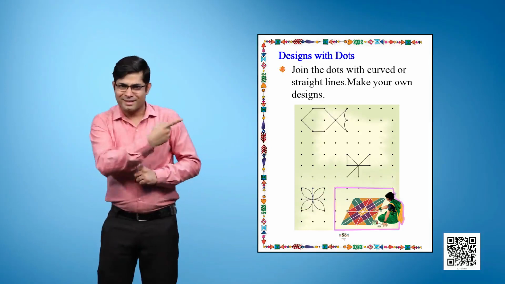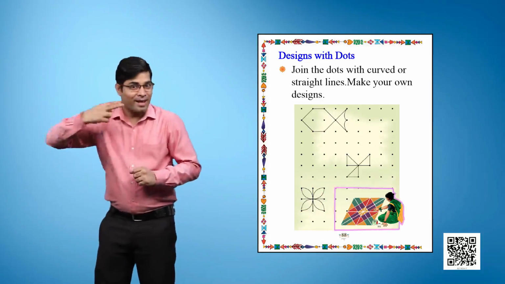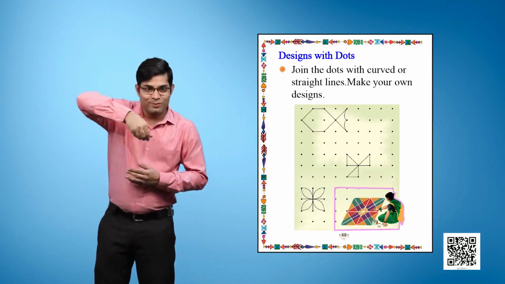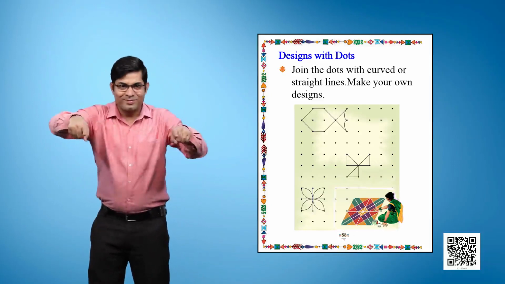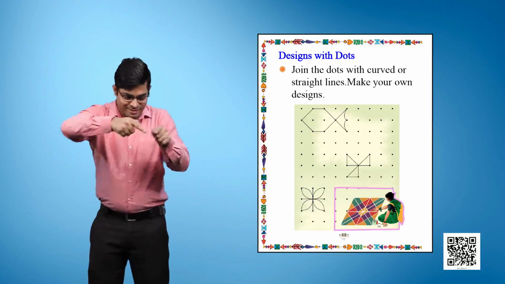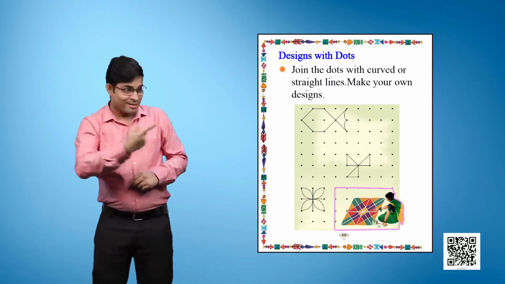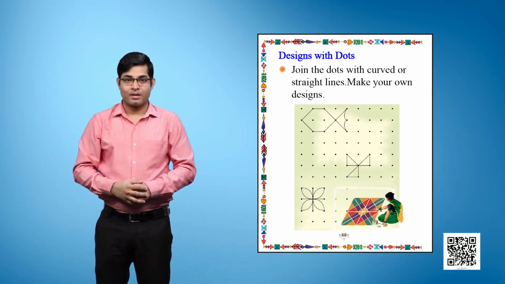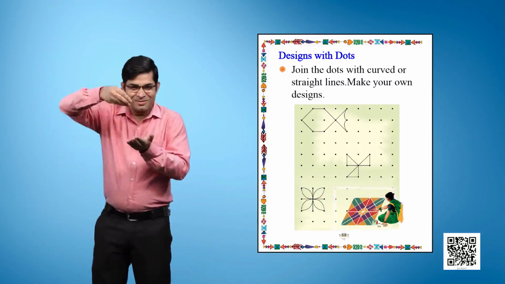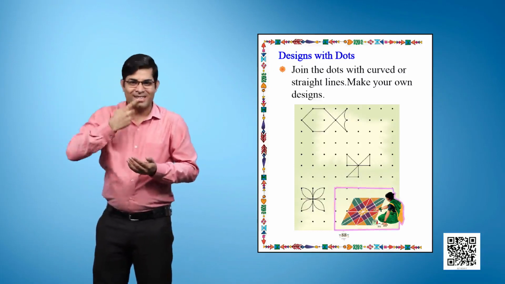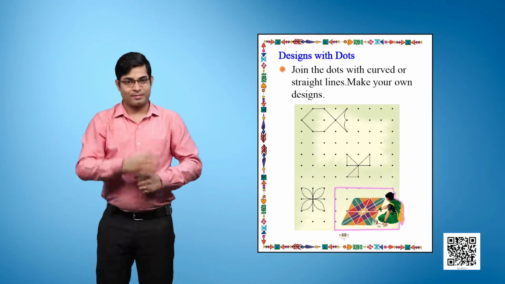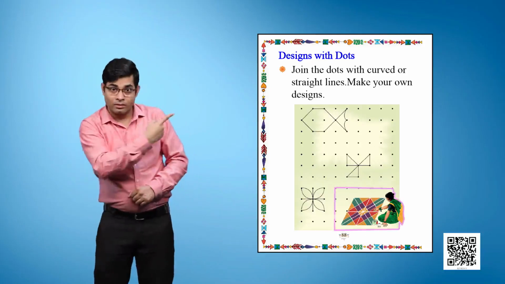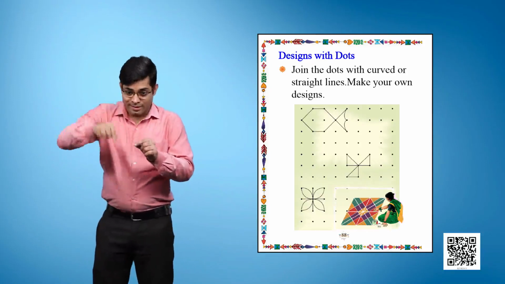At the bottom of right corner, a lady is sitting and making a colorful design of alpana or rangoli using colored powder to join the dots in straight lines.